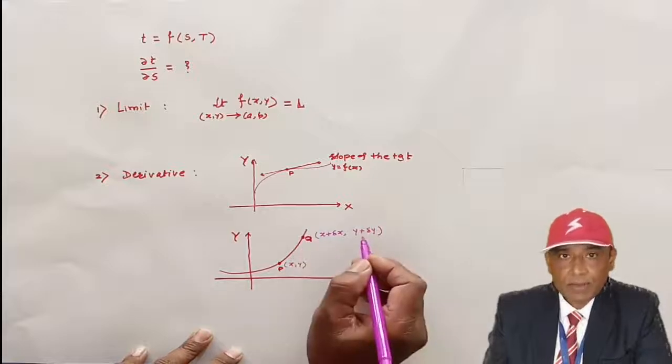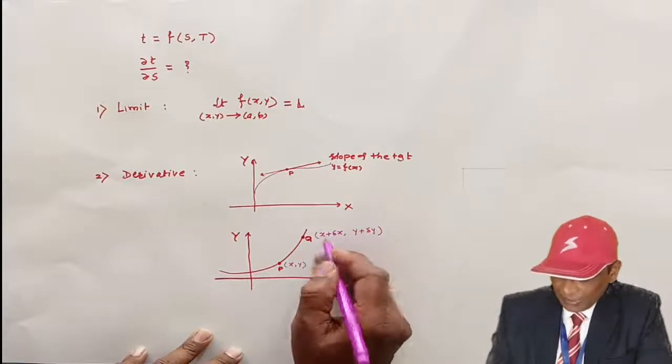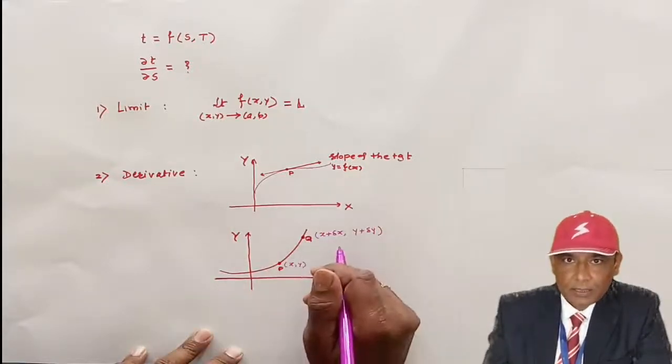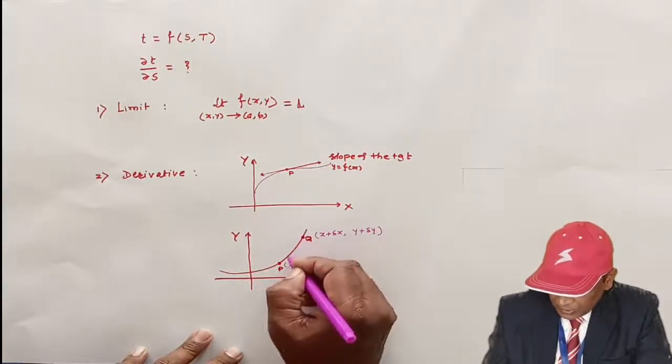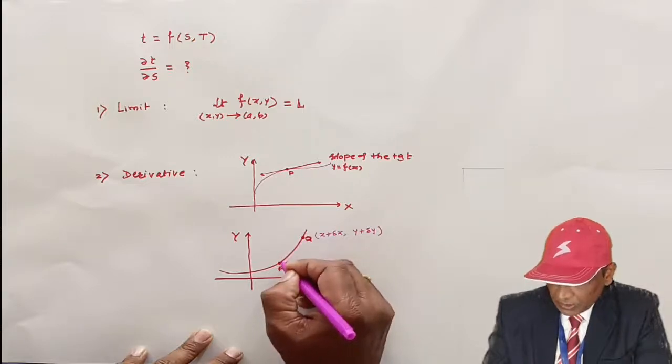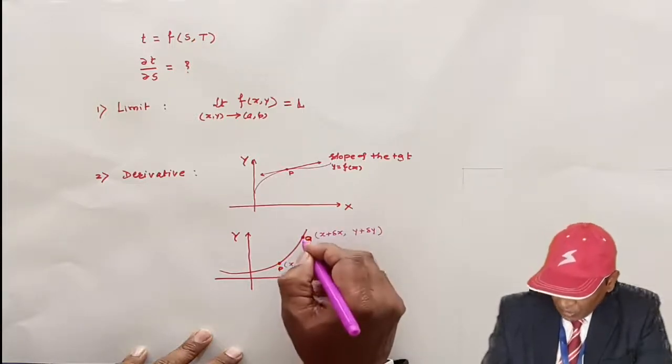What are delta x and delta y? Delta x is a small increment in x and delta y is a small increment in y. This distance is very small.